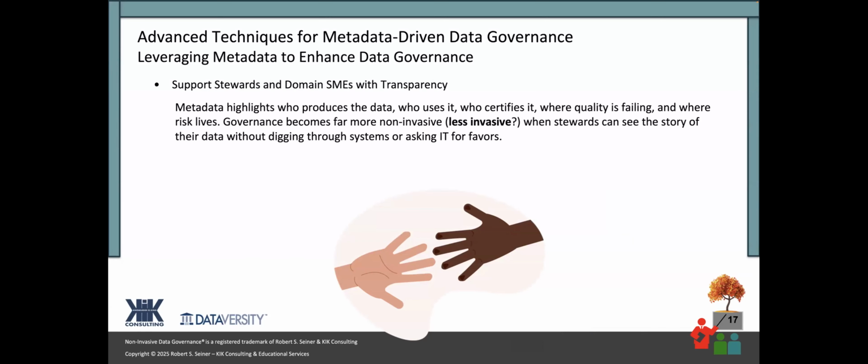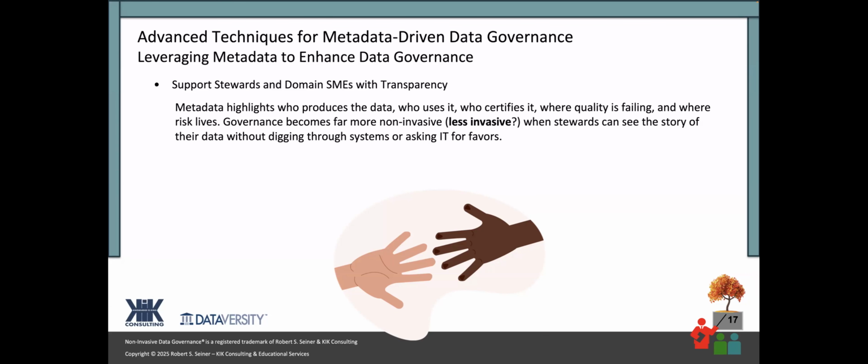And use the metadata to support your stewards. Here's where it said domain owners, and I just switched it to subject matter experts. But leverage the metadata to support the people that are going to be most active in your data governance program: the operational stewards, the tactical stewards, the domain stewards, those being the subject matter experts that people rely on.